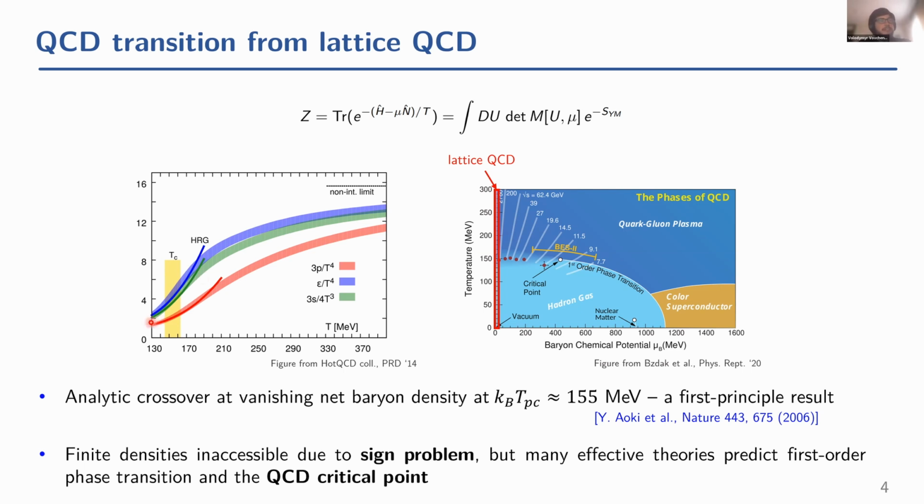There are no discontinuities, so it's established that in the region of zero baryochemical potential, the transition is a smooth crossover, and the characteristic temperature is around 155 MeV. But finite densities are not directly accessible, and therefore this method does not offer, so far at least, an answer to the question of whether there is a critical point, and if there is one, where it is located on the QCD phase diagram.